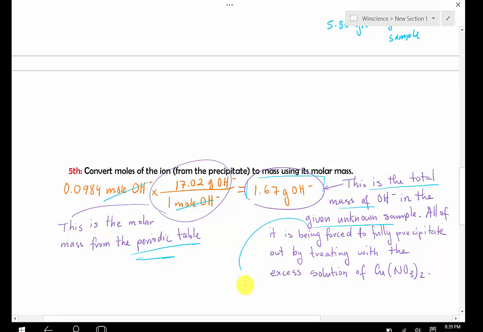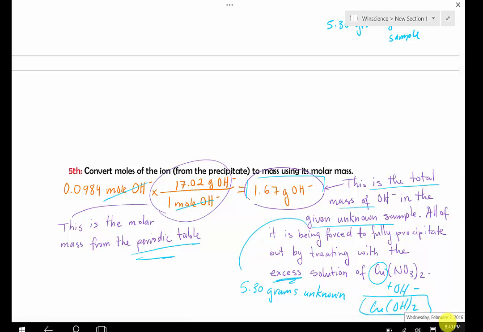Remember, that given sample is 5.30 grams of unknown. Now all this is being forced to fully precipitate out because we are treating with an excess solution that has copper ions that will react with the OH minus to form Cu(OH)2 as a solid. See how beautiful that is?